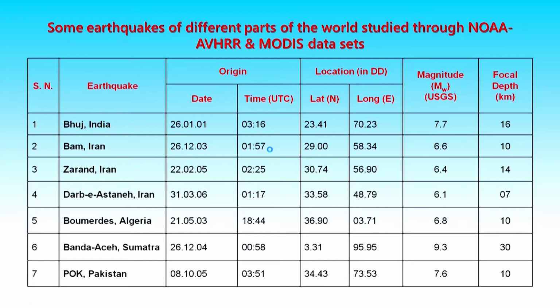After getting encouragement from such studies, especially on Bhuj, we started looking at other earthquakes, not only in a part of India, but other parts in the surrounding region, because as you know, our earth station can acquire data of not only India, but a large part of neighboring countries, including Iran, though it is not directly a neighbor country.